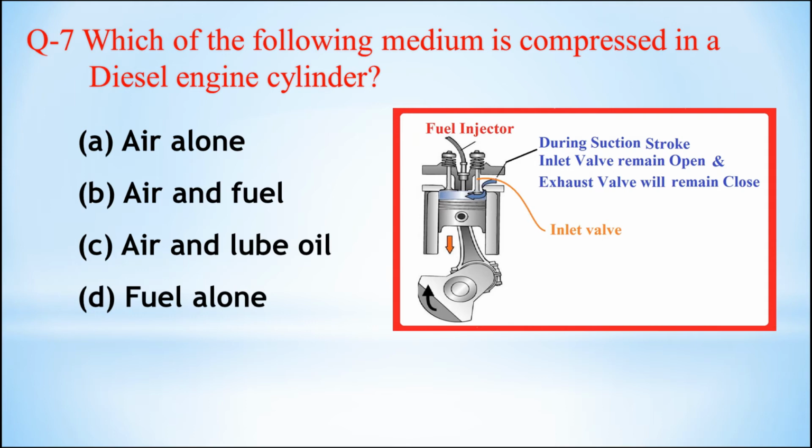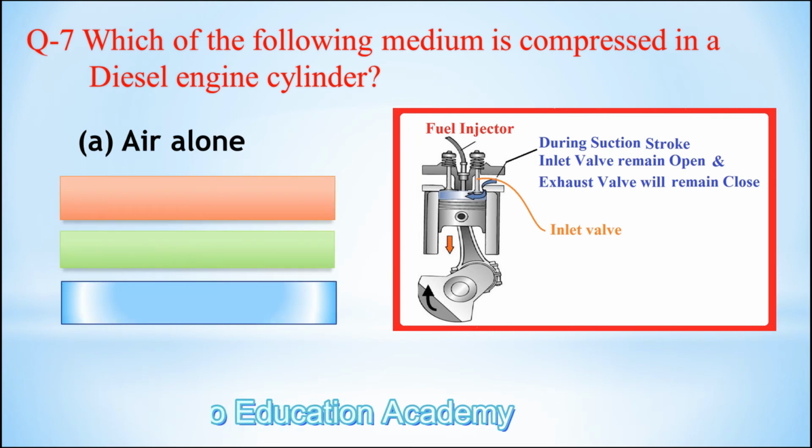At the end of compression the fuel injector injects the fuel in fine droplets and combustion takes place at constant pressure. So it is also called a CI engine, compression ignition engine, and in a petrol engine we use a spark plug, so it is called an SI engine. So the right answer is option A, air alone.